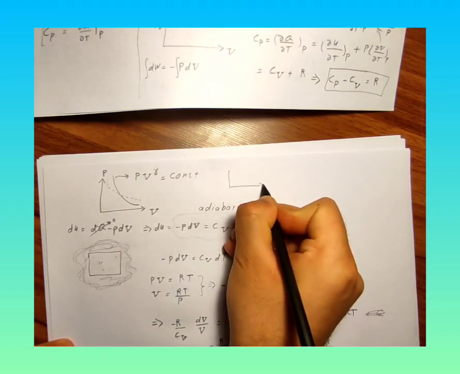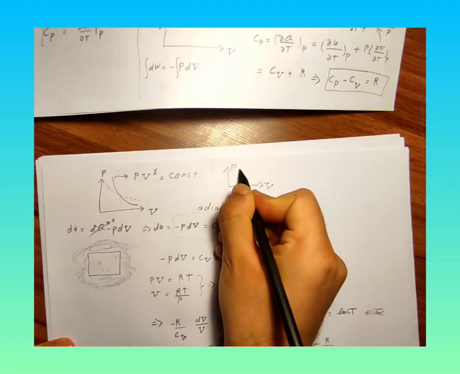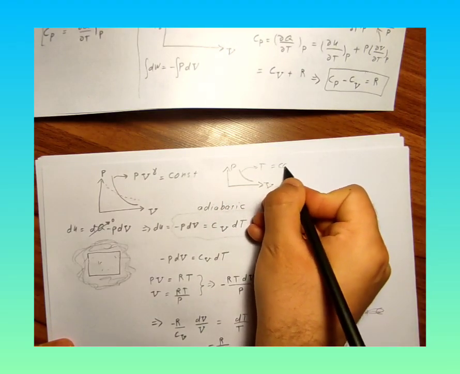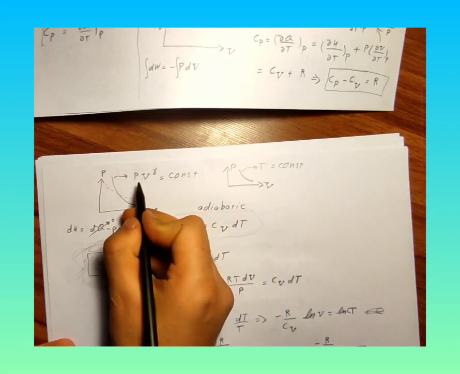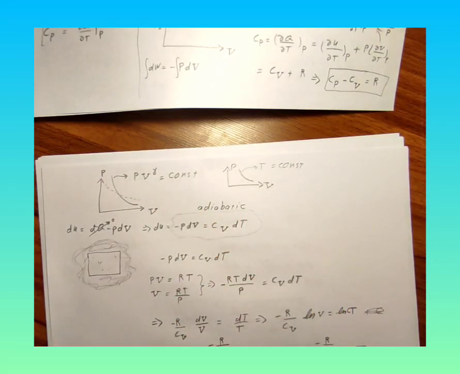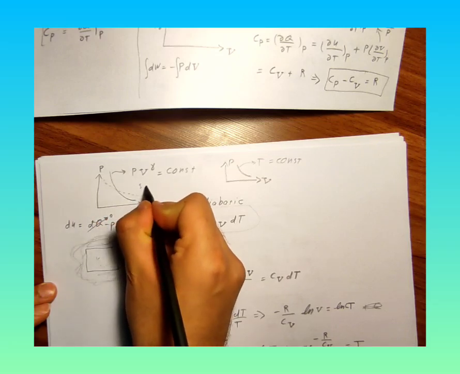Remember, on an isothermal diagram, this was the curve, and on this T was constant. Here another thing is constant. I don't want to define anything new here at the end of this session, but on this curve the entropy is constant.